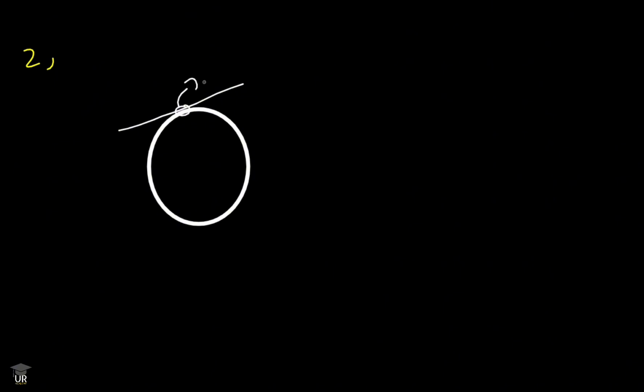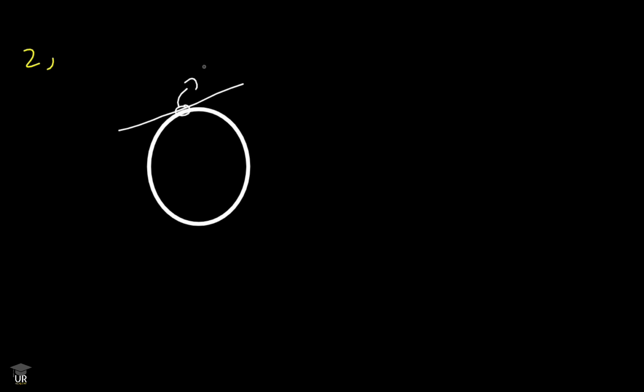So the second possibility is that the line is tangent to the circle. So for example, if here is a circle and my line is tangent to the circle, if the line is just passing through the circle and intersecting at only one point. So here the line is tangent to the circle and intersecting at only one point.